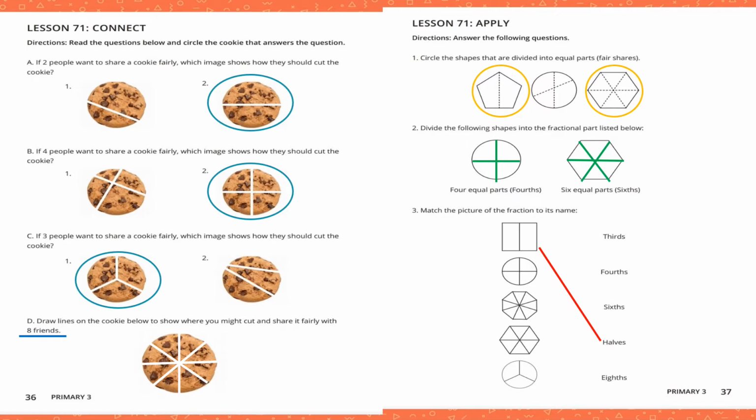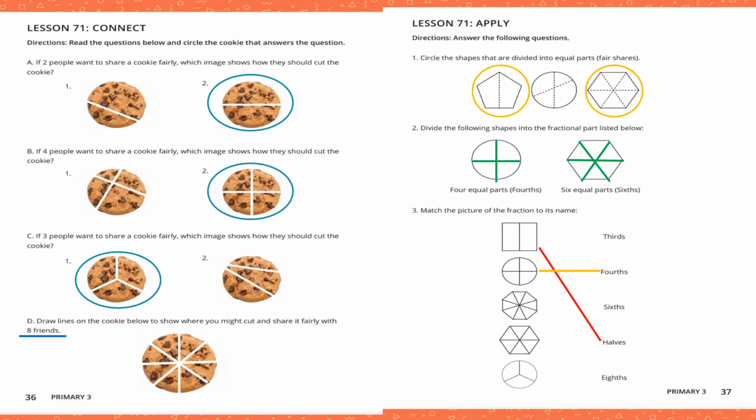Yes. The second picture, I have a circle here. It's divided into four equal parts. Four equal parts means what? Fourths. Here I have 1, 2, 3, 4, 5, 6, 7, 8.